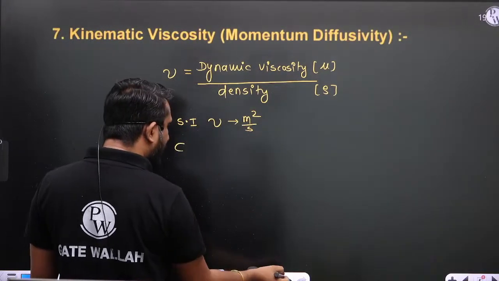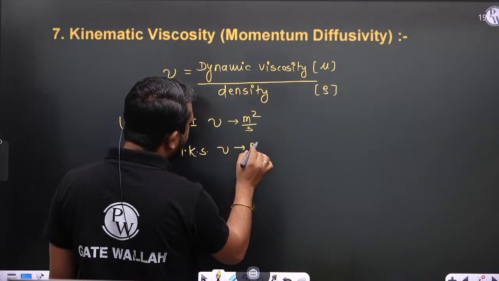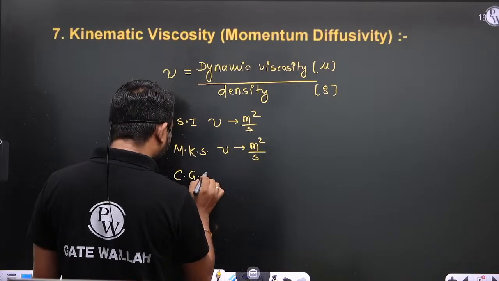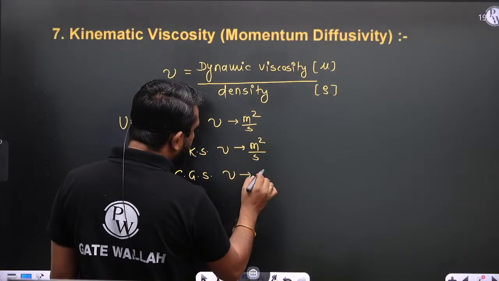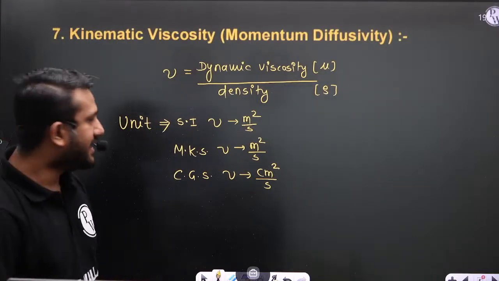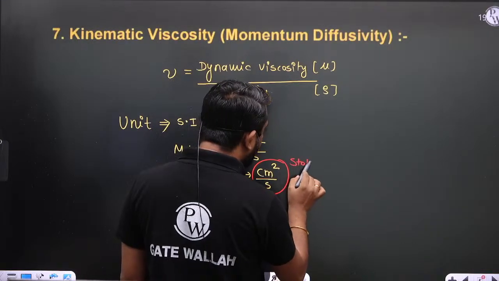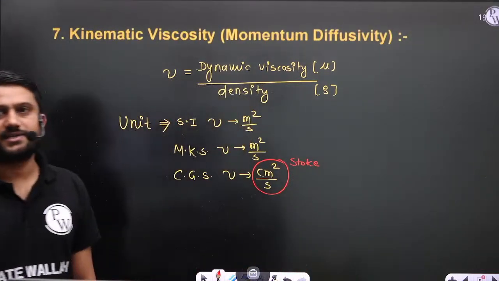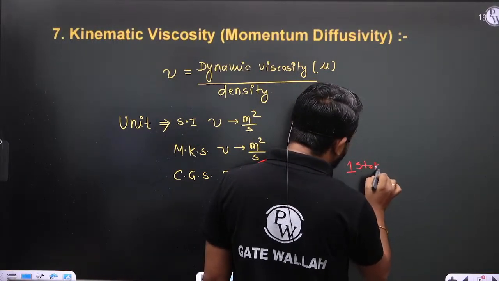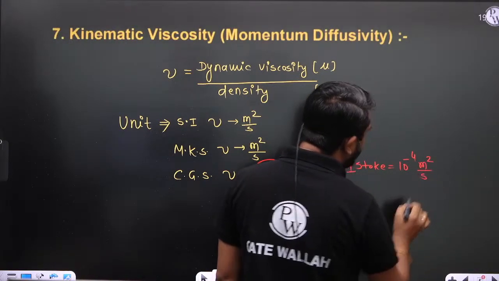The MKS unit is also meter square per second. The CGS unit is centimeter square per second, and this centimeter square per second is called Stoke. 1 Stoke is equal to 10 to the power minus 4 meter square per second.